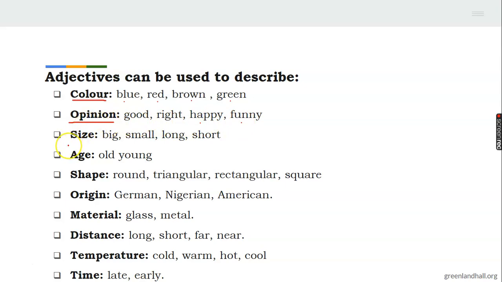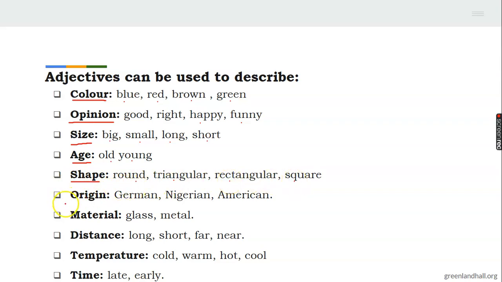Another one, an adjective can be used to describe size, either big, small, long, or short. Adjectives can also be used to describe age, either old or young. Adjectives are also used to describe shape. We have round, rectangular, triangular, square.